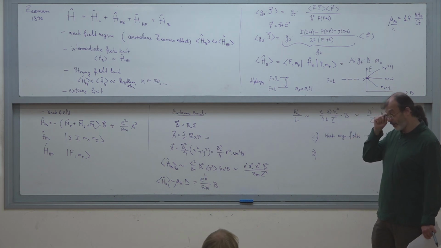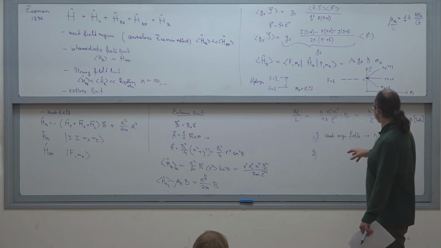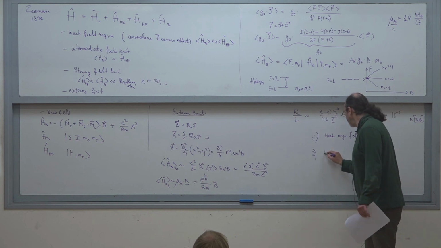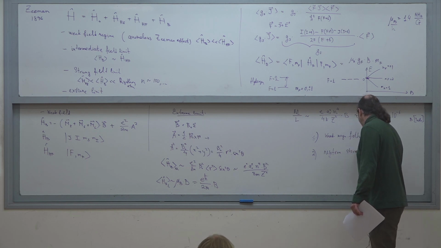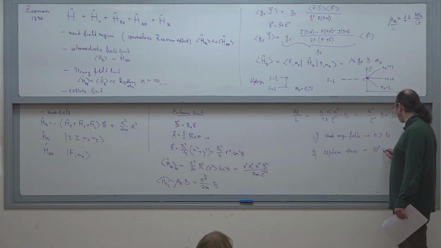People believe that magnetic field in neutron stars is extremely large. At neutron stars, the magnetic field is sort of estimated. Magnetic field is between 10 to the 4, 10 to the 8 Tesla.